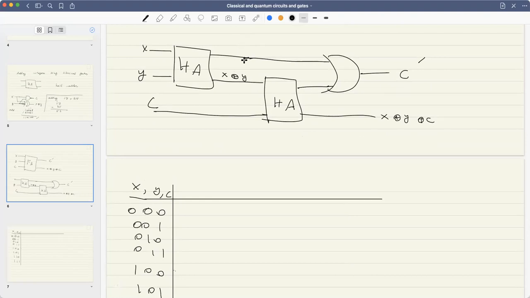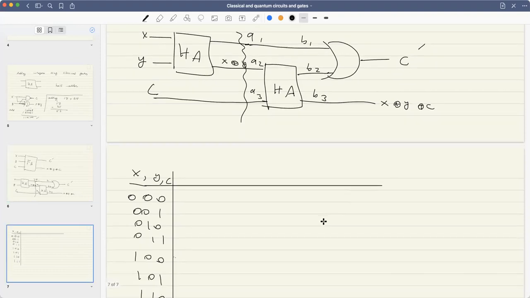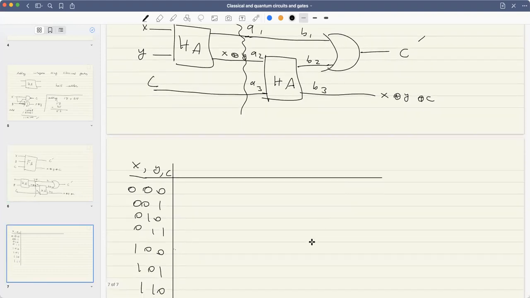At this stage I can call these A1, A2, A3. At this stage I can call them B1, B2, B3, and then here I have C prime. So we can check that it works.